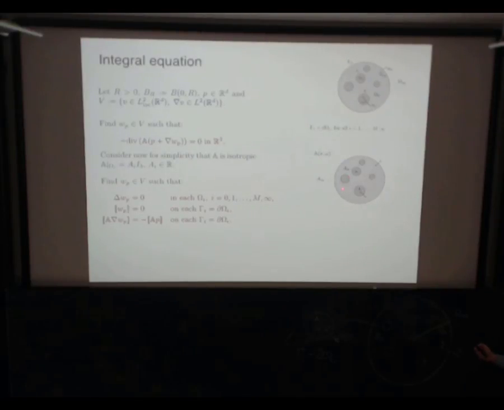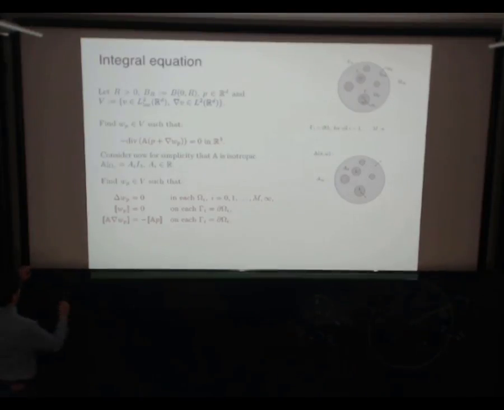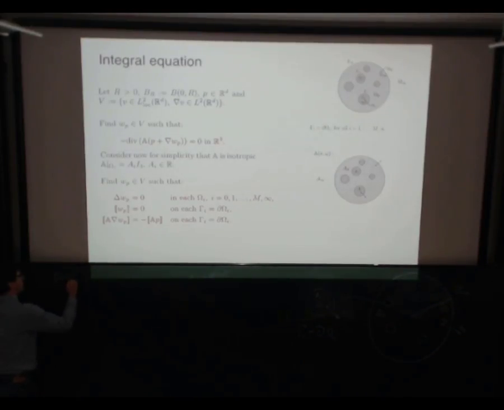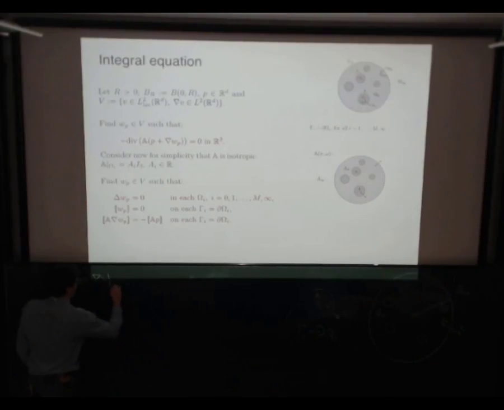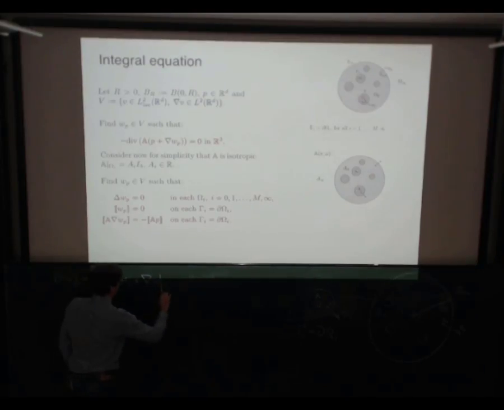It should be continuous across each of the interfaces, and there's some prescribed jump of A times the normal gradient across the interface, which is given by minus the jump of A times P. So the jump in my case is, for instance, if we have a gradient of w, then it is the gradient of w from omega I dot ni plus the gradient of w from omega 0 times n0.